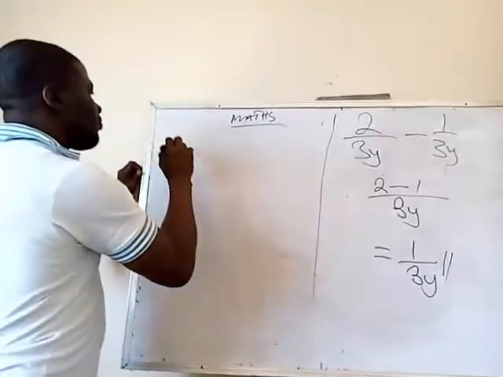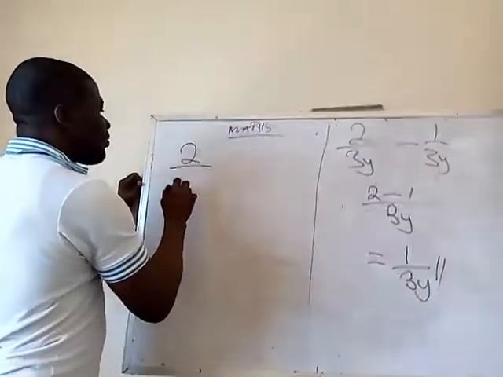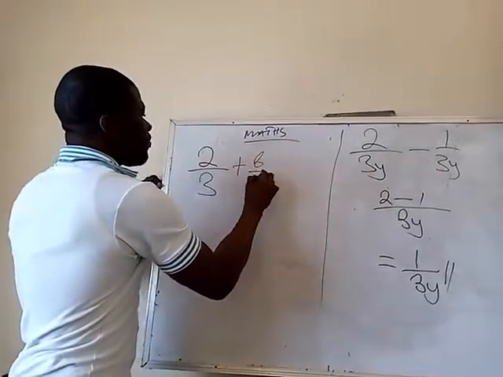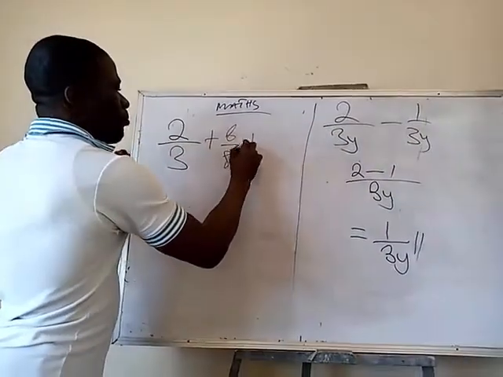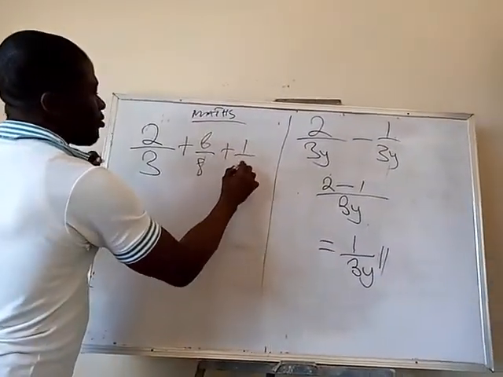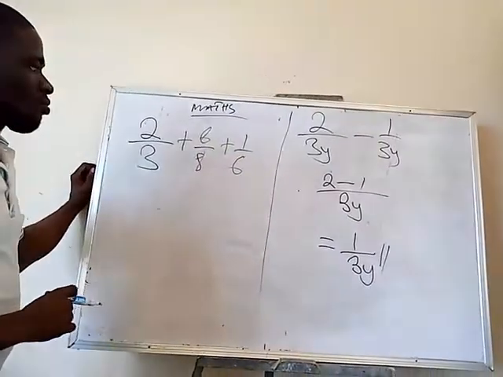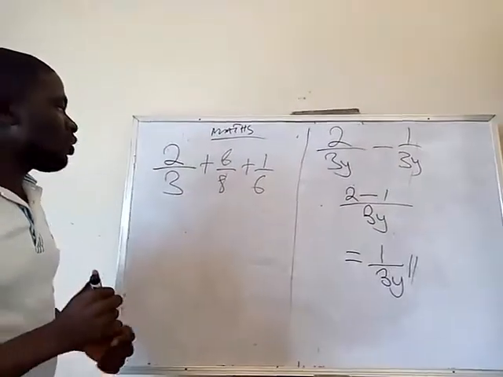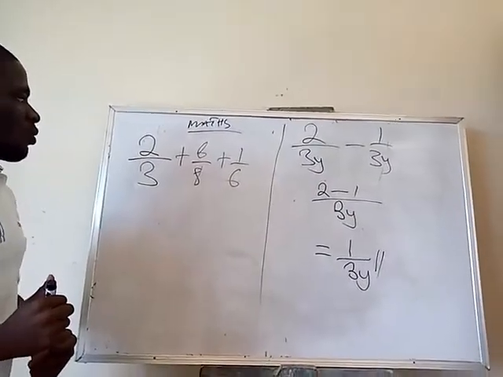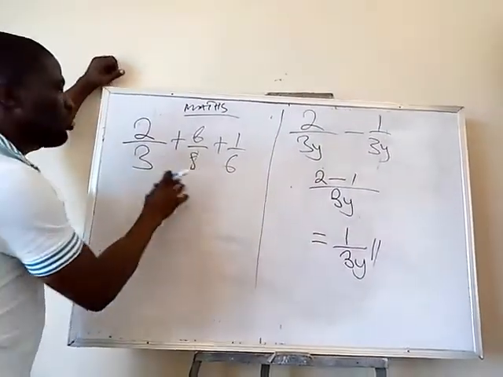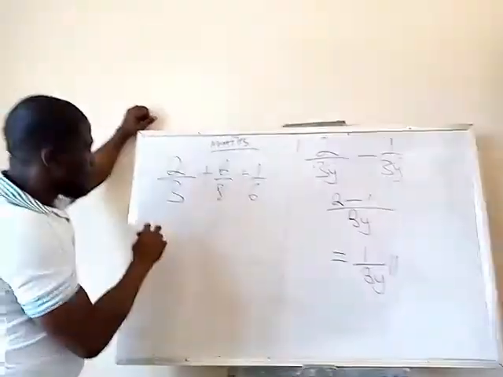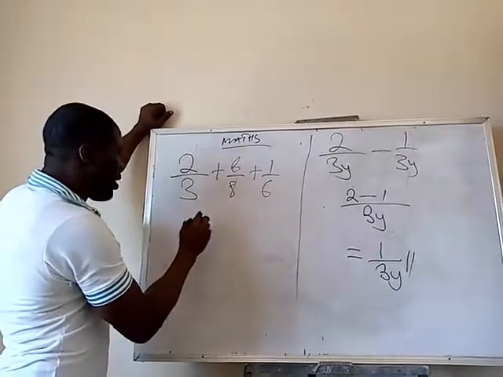If you are given 2 over 3 plus 6 over 8 plus 1 over 6, to find the LCM and solve these fractions, what we do now is find the LCM of these three given numbers.